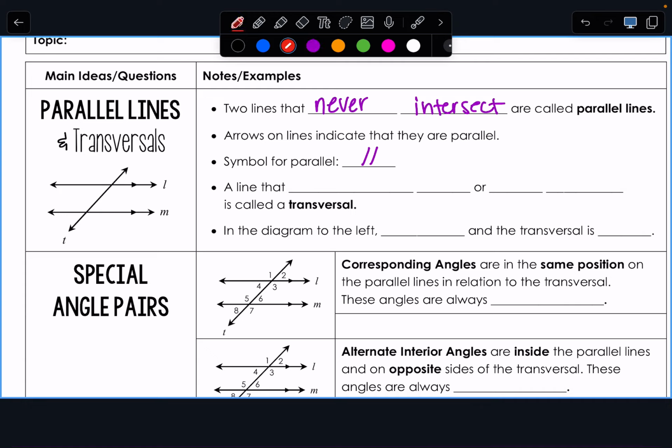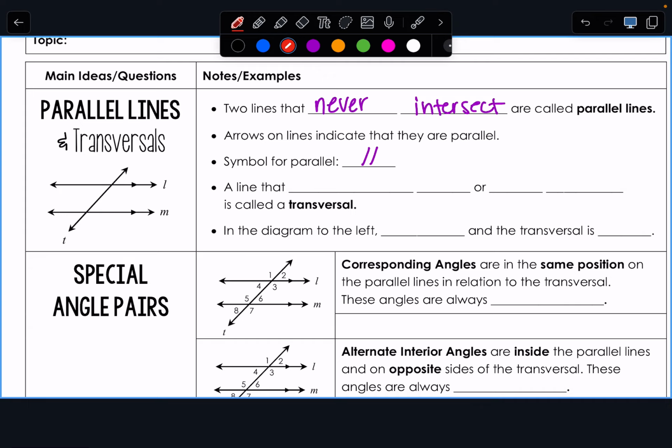Raise your hand if you know what a transversal is. It's not perpendicular, but it does cross. It's just not necessarily perpendicular.